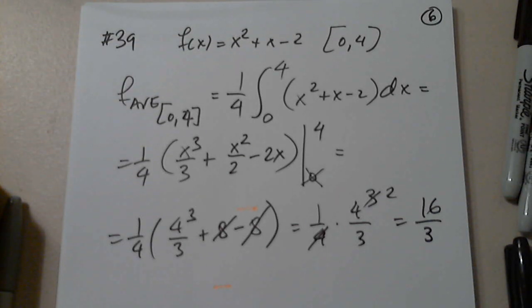So this is the average value, and you go directly to the integral. Oh, we have to insert 0.25, which is 1/4, in front. So from 0 to 4, of x squared plus x minus 2.